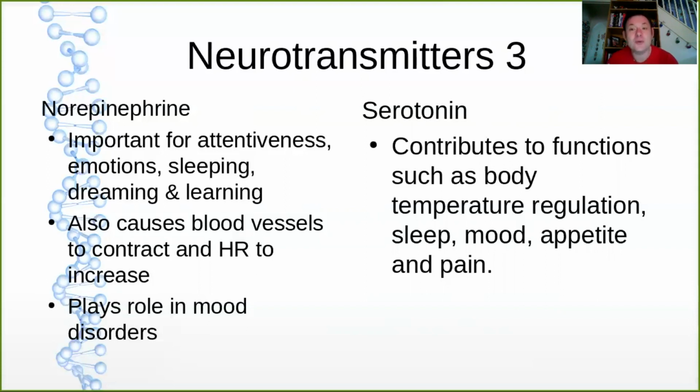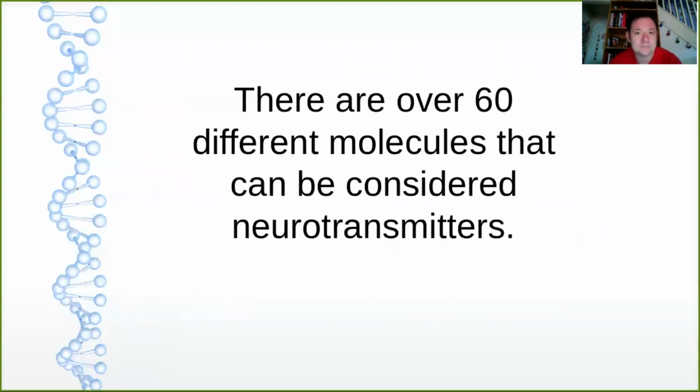So it shows you the importance of serotonin. Low amounts of serotonin are linked with conditions such as depression and anxiety. And drugs such as Prozac work by increasing the amounts of serotonin in the brain. There are over 60 different molecules that can be considered neurotransmitters. I've just talked about a few here.